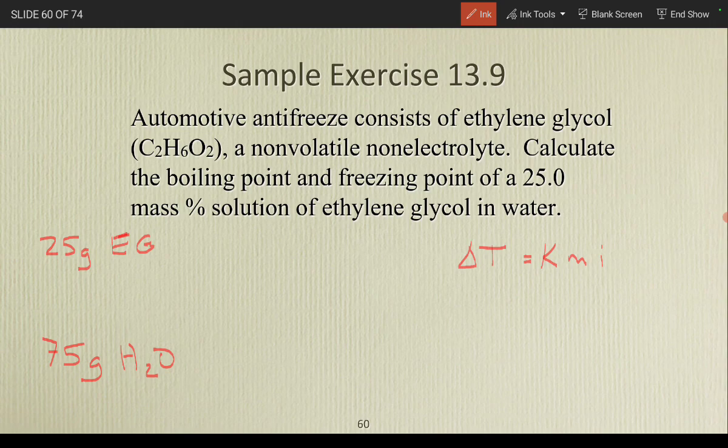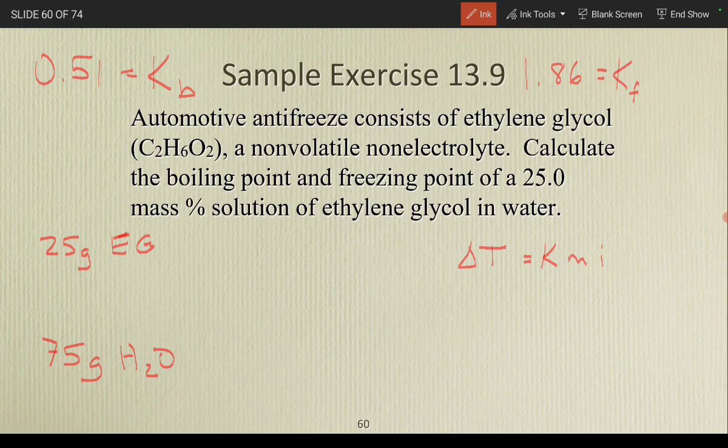In this case, since it's a non-volatile, non-electrolyte, i is just going to be 1. K is just going to be a constant, and I should give that to you since you don't have to memorize those. So that's going to be 0.51 for Kb and 1.86 for Kf. And these are going to be in degrees Celsius per molal.